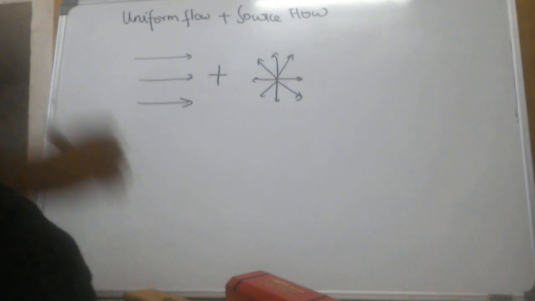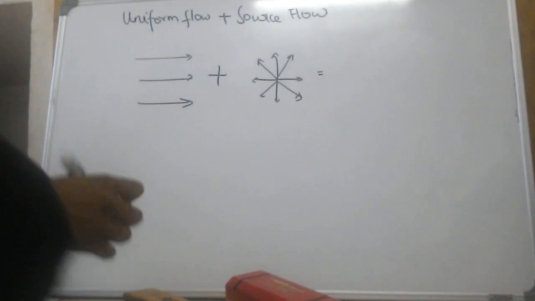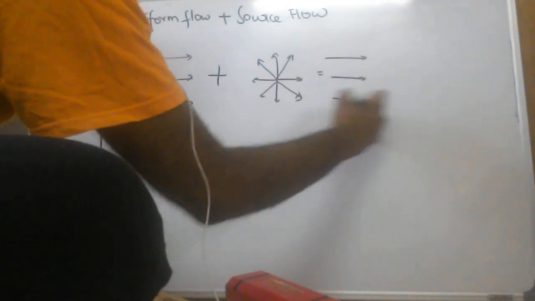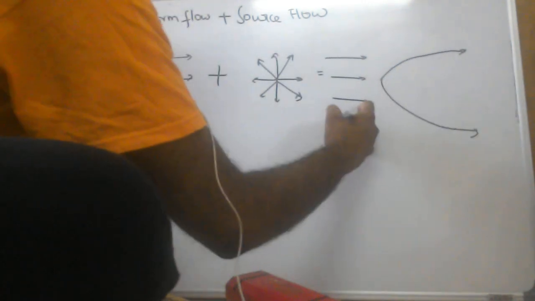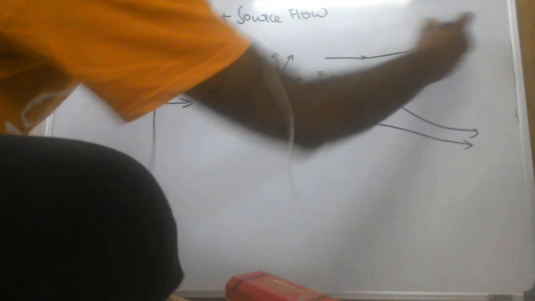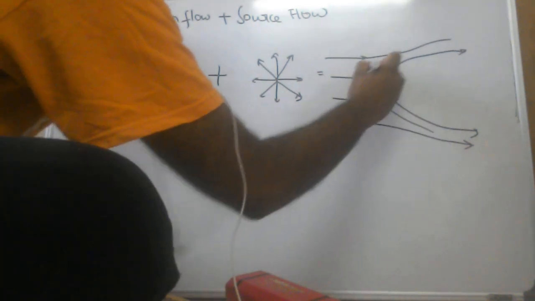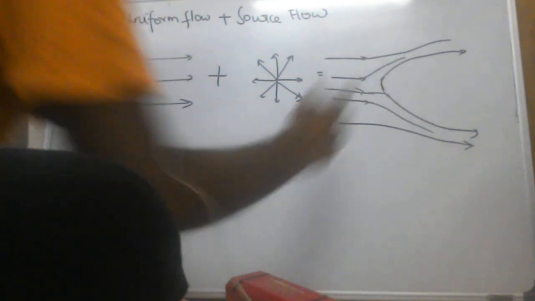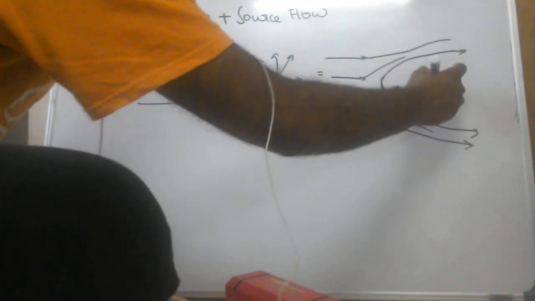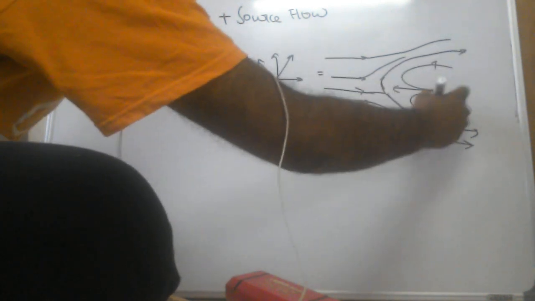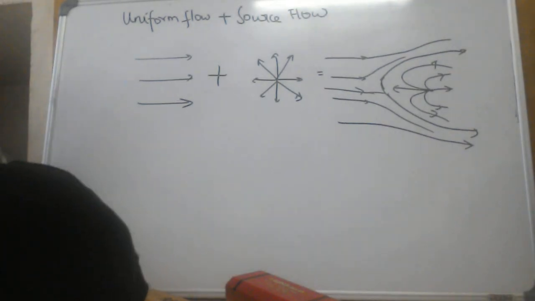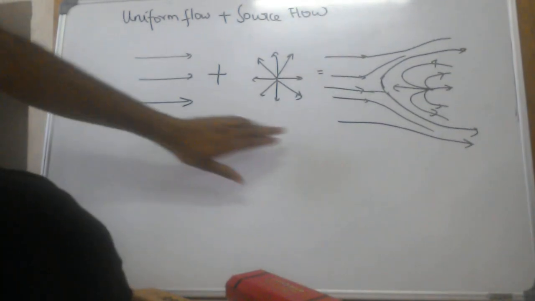Due to the concept of superposition, what we will get is essentially flow around a semi-infinite body. So that's the flow we would get by combining the uniform flow and the source flow.